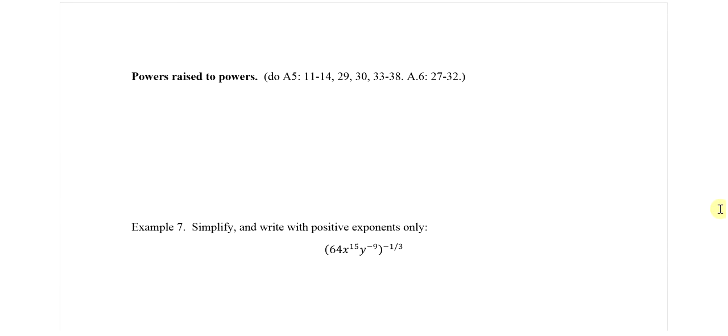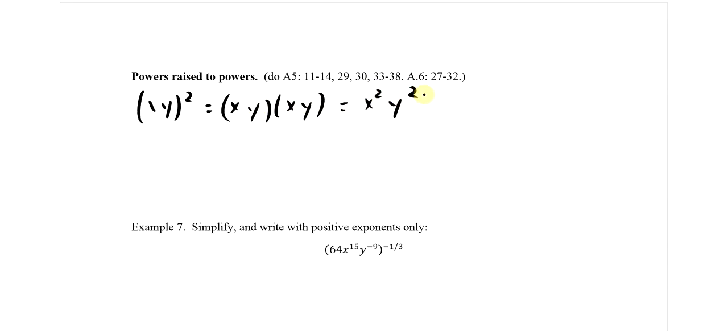Powers raised to powers. So we have to be a little bit careful here. What's x times y quantity squared? Well, anything squared means it's itself times itself, right? So that would give me x times x, which is x squared, times y times y, which is y squared.